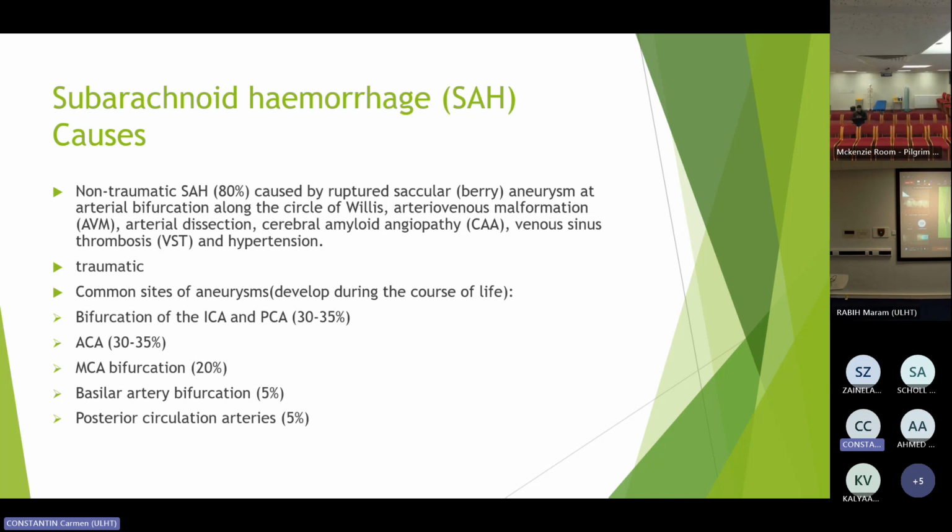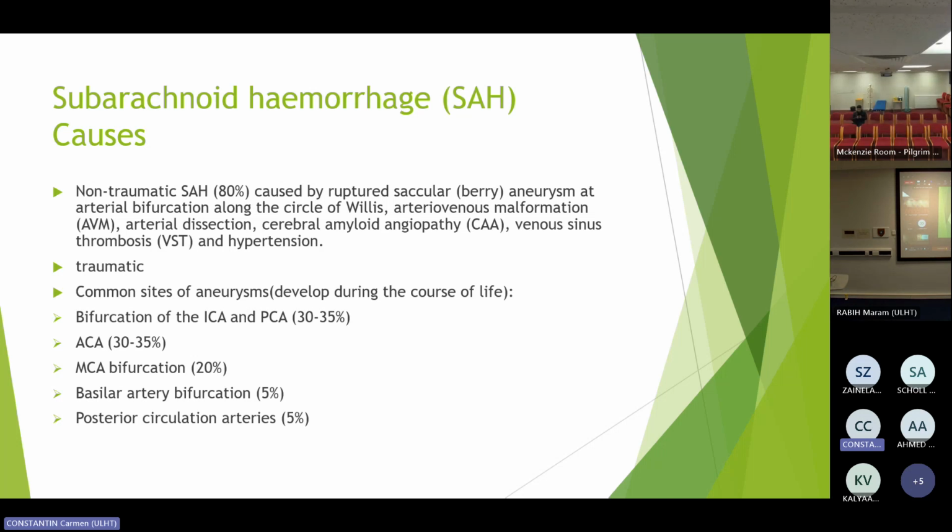It could also be caused by AVM, so arteriovenous malformation, by arterial dissection, by cerebral amyloid angiopathy, by venous sinus thrombosis, and hypertension. So the common sites of the aneurysms are in the anterior circulation, as you can see.